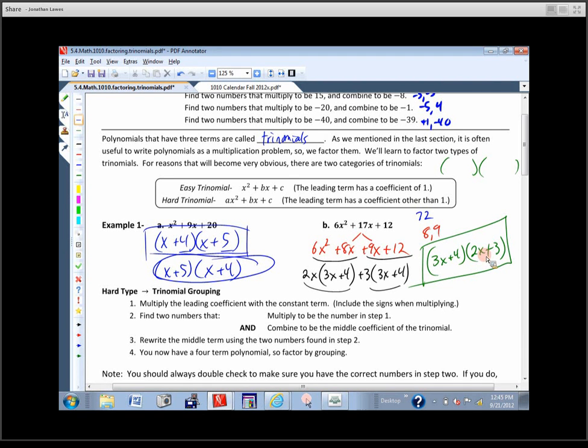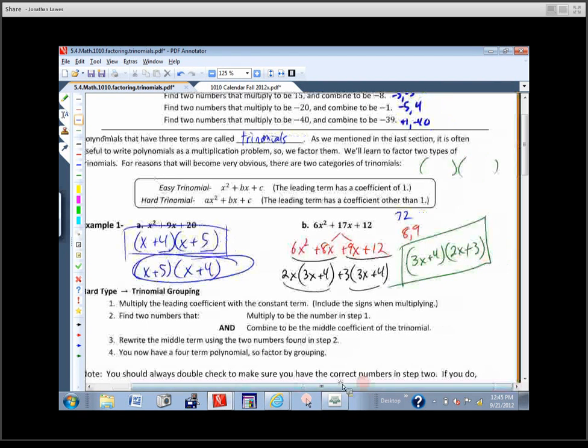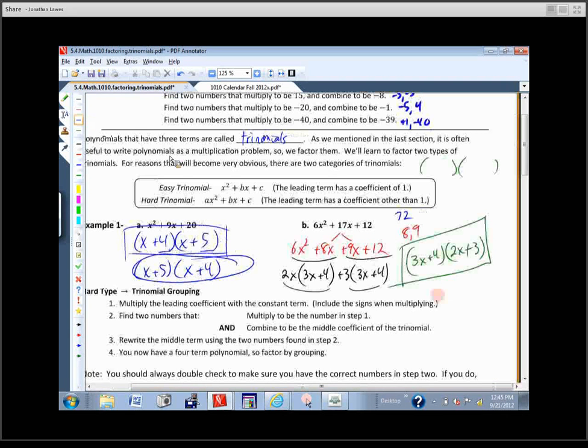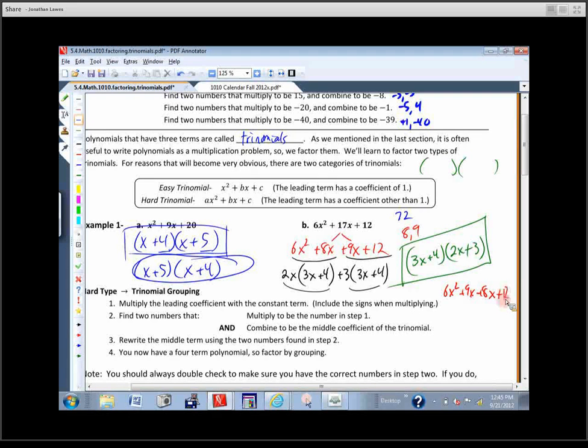Tell you what, let's go ahead and do this one. If I were to write this in the other order, so if I were to write 6x squared plus 9x plus 8x plus 12, what can I take out of these two guys here? 3x. You're left with a 2x plus 3, right? What can I take out of 8x and 12? 4. Take out a 4.